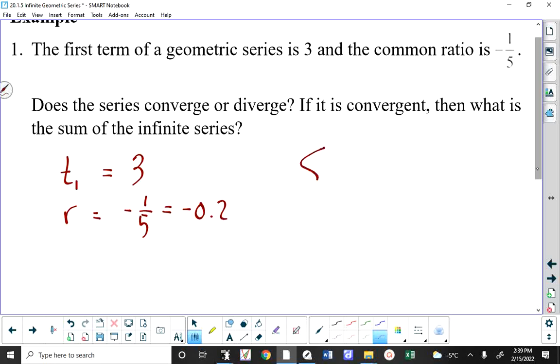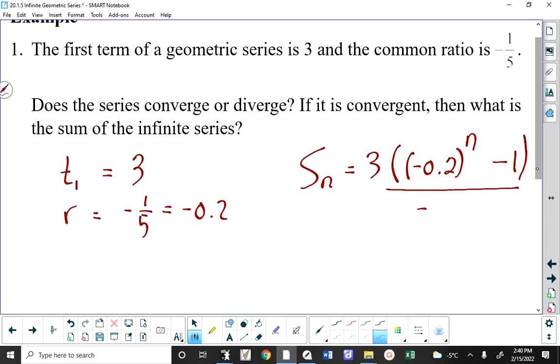So Sn is the first term times the common ratio, which is -0.2, raised to the n, then -1, over -0.2 minus 1. Now, a couple of things. This set of brackets is absolutely crucial. You cannot exclude that set of brackets.